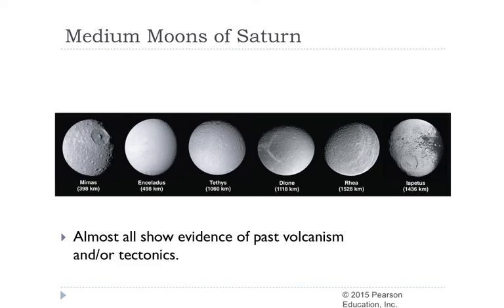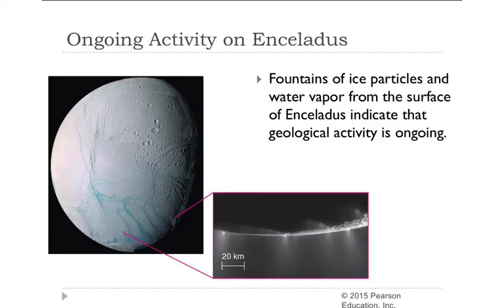So Saturn also has lots of medium-sized moons. And typically for medium-sized moons, very small, we anticipate that they would have had activity in the past. And we see lots of evidence of that, of volcanoes and plate tectonics. But more interesting is Enceladus here, which when Cassini did a flyby, it actually saw these fountains of water vapors coming out from the surface.